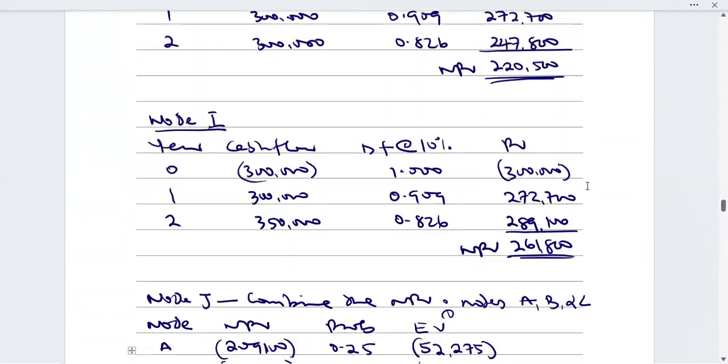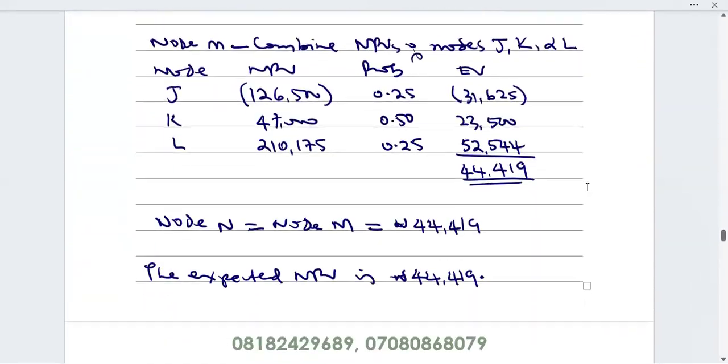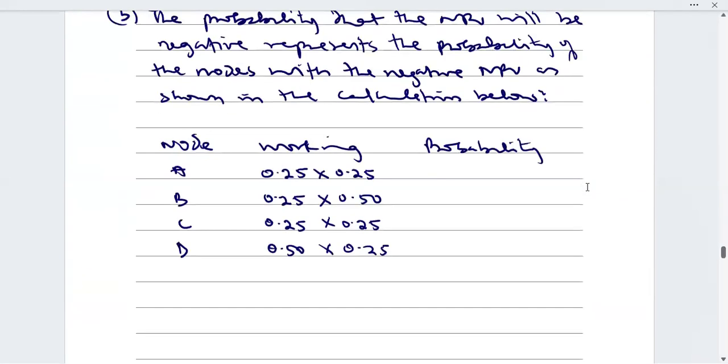So in that case, let's find the answer. 0.25 multiplied by 0.25 equals 0.0625. 0.25 multiplied by 0.5 is 0.125, 0.0625, 0.125. So we add it up.